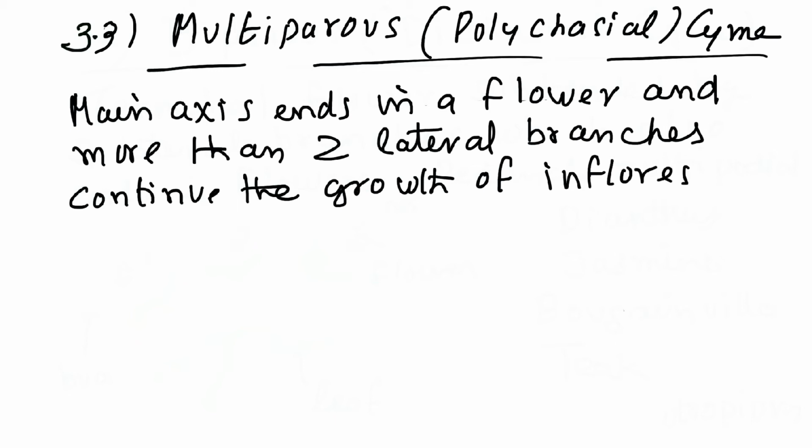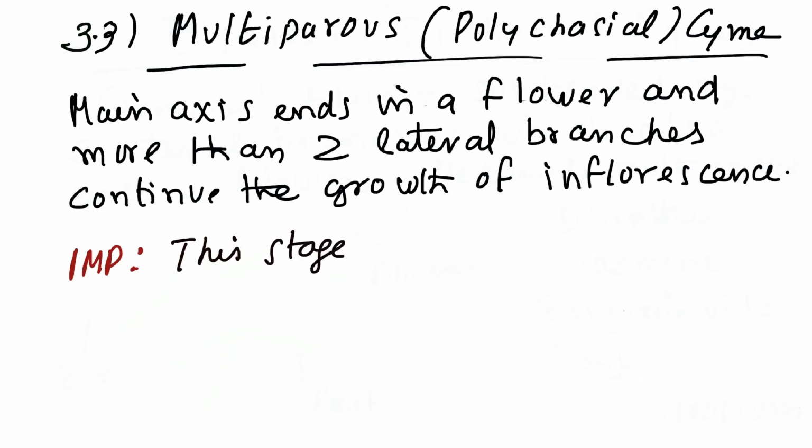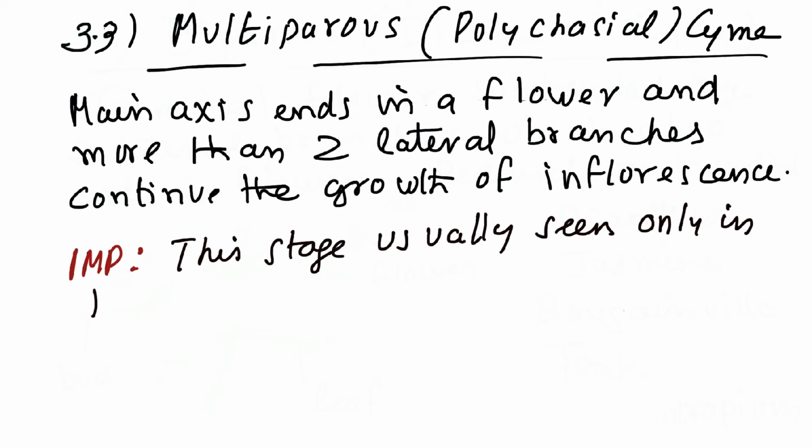Now, more than this, there's a very, very important point to note about polychasial or multiparous cyme, in the sense that this arrangement is usually seen at the beginning, and later on we see the biparous as well as the monoparous arrangement. So that's a key point.